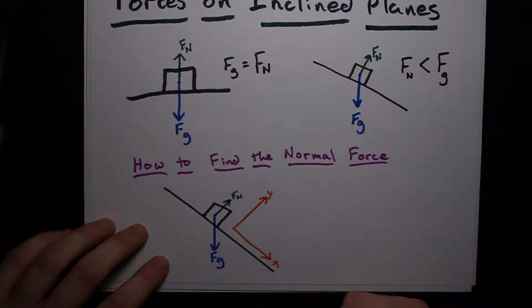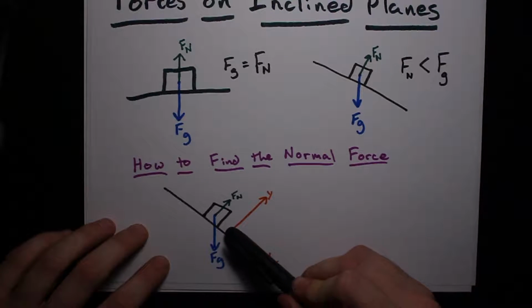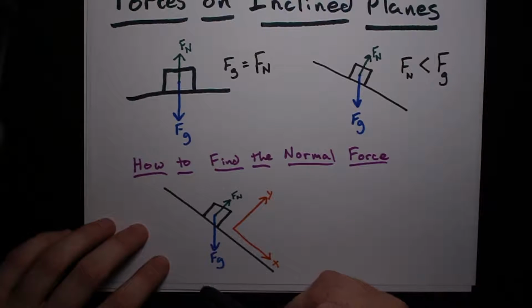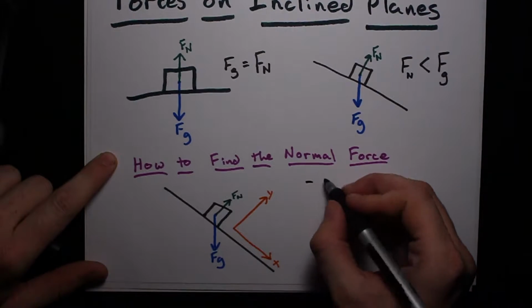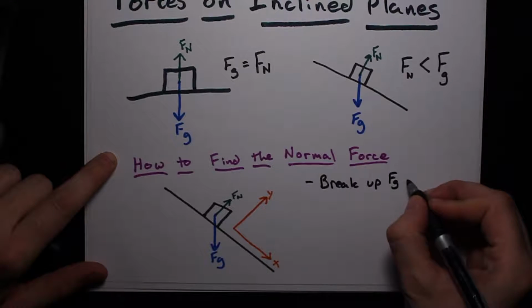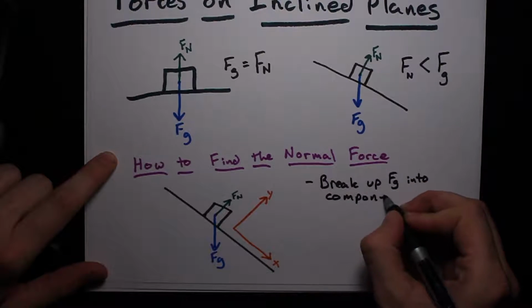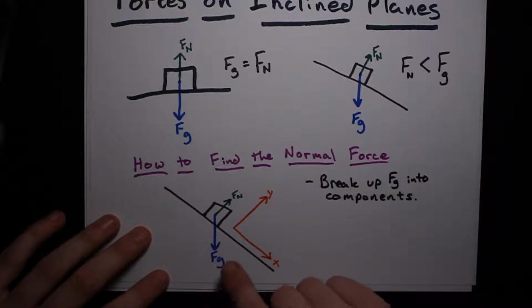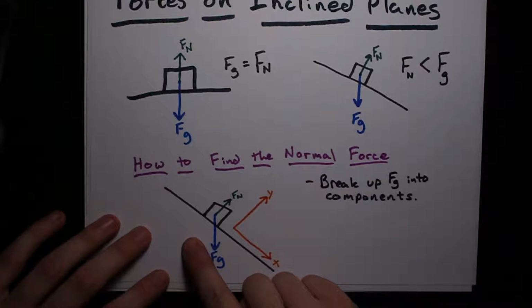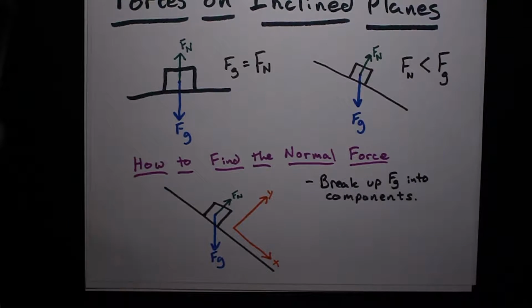The next thing you're going to want to do is break up this force of gravity into its components. So we need to break it up into its y component and its x component.